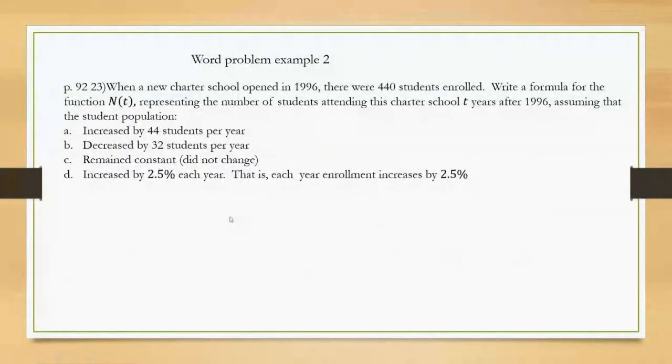All right, next. So here's another word problem, which is also in the book. When a new charter school opened in 1996, there were 440 students enrolled. That's given.